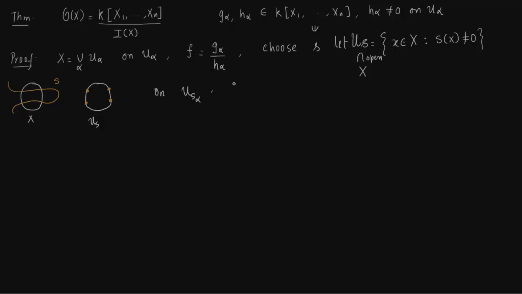So on U_S alpha, you can write f as G alpha over H alpha. Now we multiply both numerator and denominator by S alpha, because S alpha does not vanish on the entirety of U_S alpha.